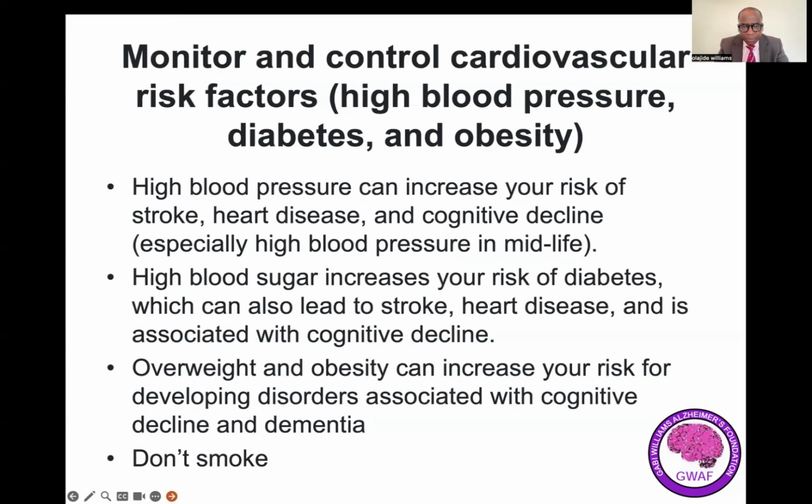High blood sugar not only increases your risk of diabetes, which in turn can lead to stroke and heart disease, but it is also associated with cognitive decline. Being overweight or obese increases your risk of a variety of disorders that are associated with cognitive decline. And making sure you don't smoke, or if you are smoking, to stop smoking, can also help prevent cognitive decline.